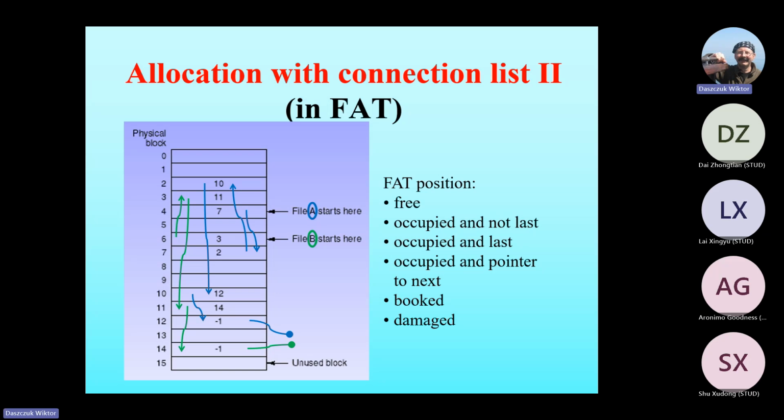The second situation is crossed chains. It happens when some chain head or chain position, two chain positions, or a position and a head in a directory, or two heads in directory entries, point to the same entry in FAT. It cannot happen. The file cannot be pointed to by two directory entries, and two files cannot have a common continuation.